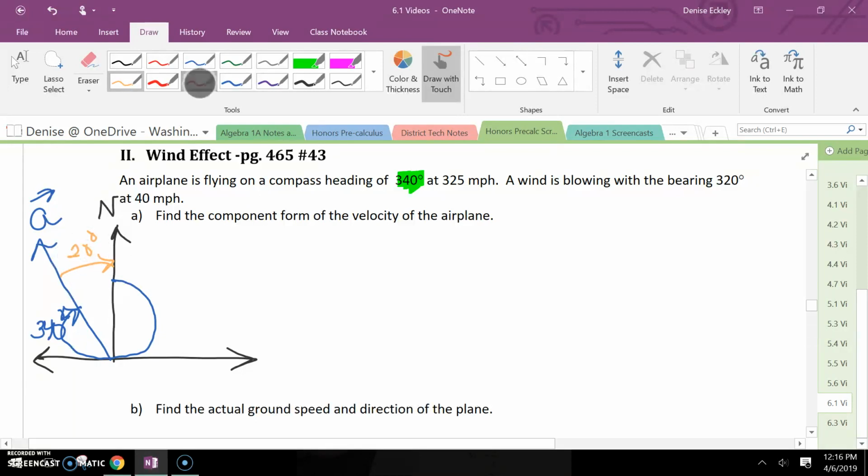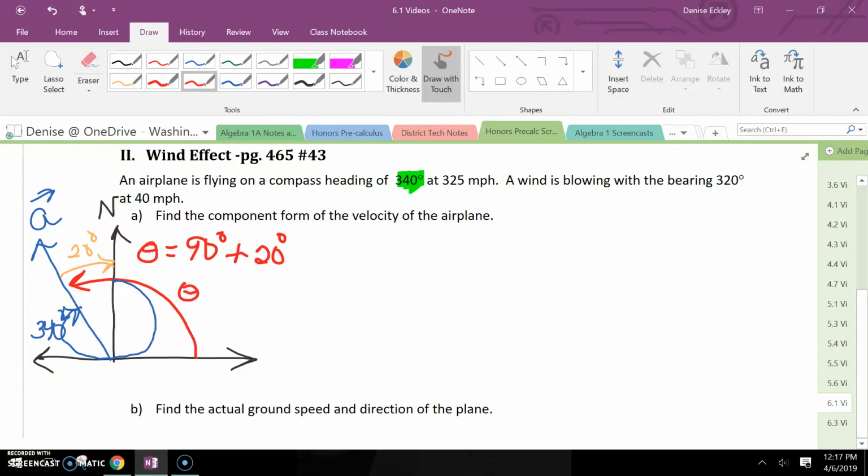And don't forget that our actual direction angle is from the positive x-axis. So we find theta by taking 90 degrees to due north from the x-axis and adding to it that small section there to the airplane, which is 20 degrees. So our theta is 110 degrees.